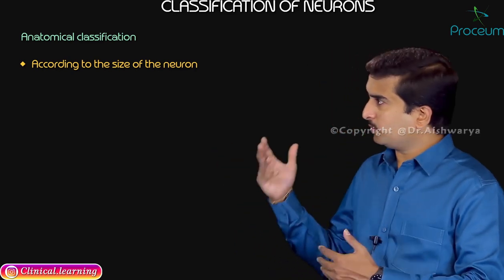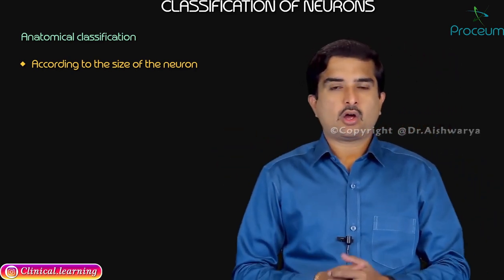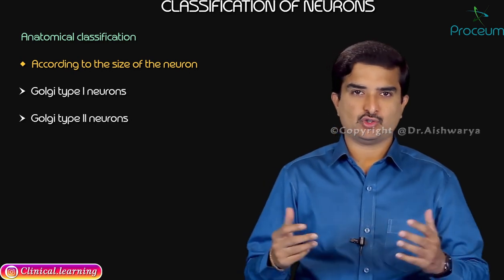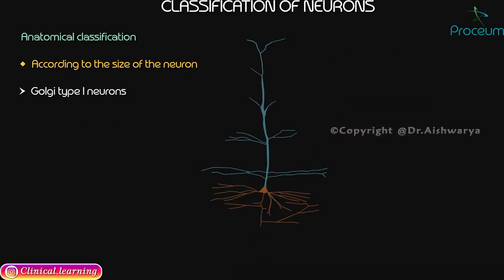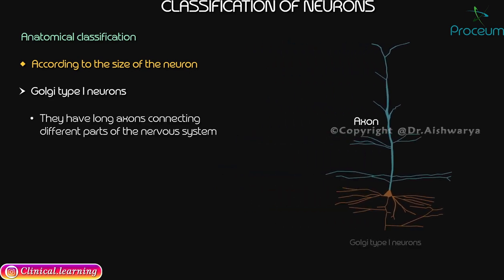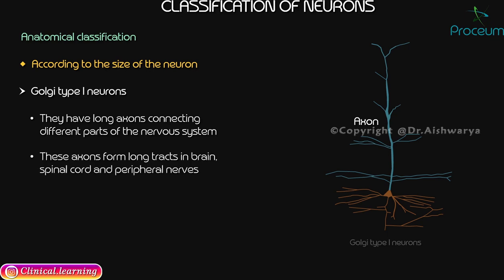Next is classification according to size. According to the size of the neuron, they are classified as Golgi type 1 as well as type 2 neurons. The first one is Golgi type 1 neurons. These neurons have long axons connecting different parts of the nervous system, and these axons form the long tracts of both the brain as well as the spinal cord as well as the nerve fibers of the peripheral nerves.